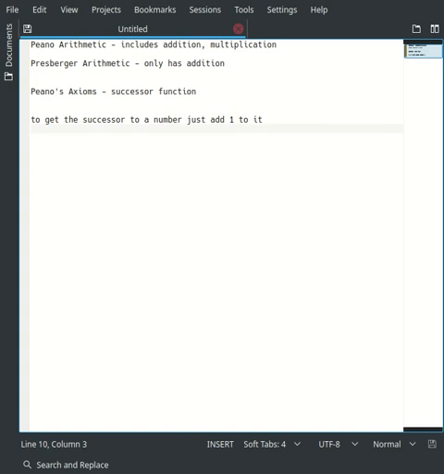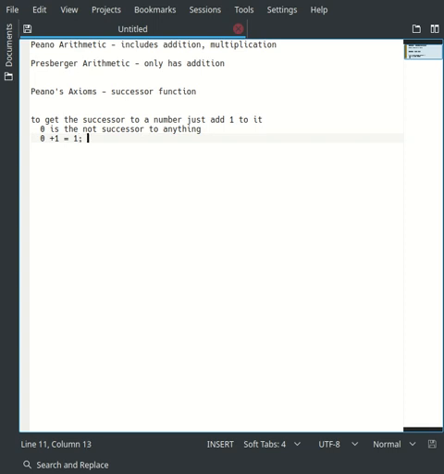Now, 0 is not the successor to anything, and then an implicit 1, which is not in there, but it really, really should be, so you get this. This one is in there, and I'm going to write it my way.